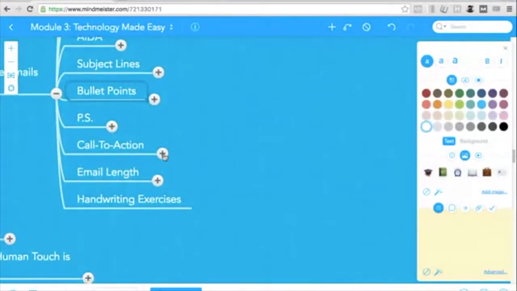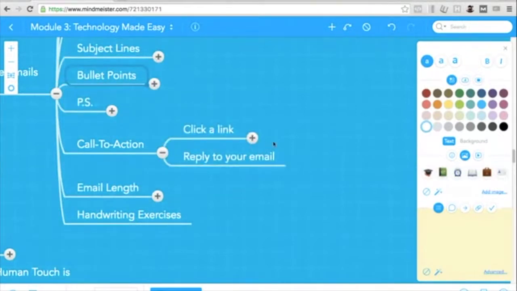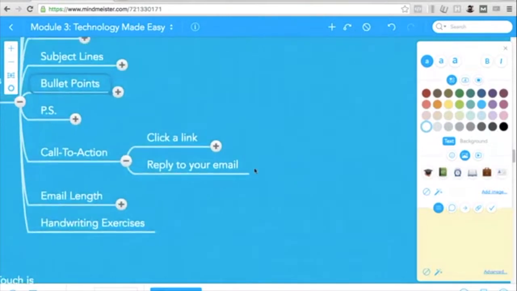So, call to action, meaning every time you send an email, you always want to have a call to action, meaning you want them to act on something. It could either be clicking a link or replying to your email. So we are training our readers to click our link, meaning whenever they click the link, something good happens, right?